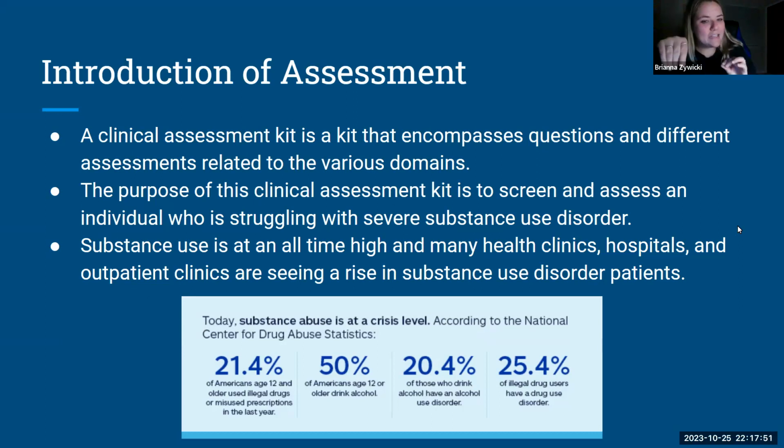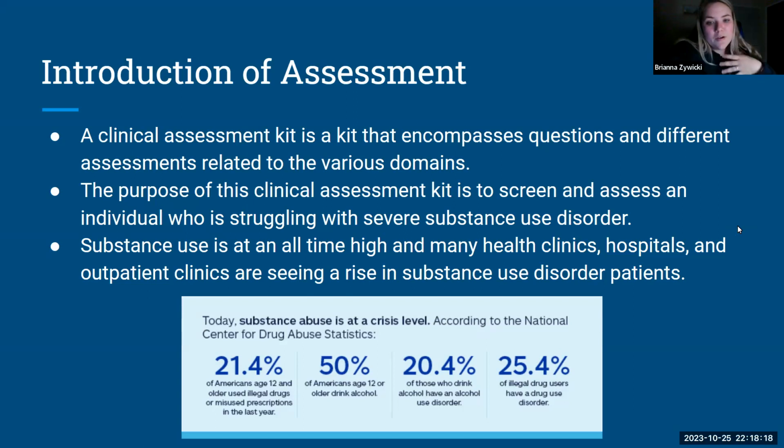I also wanted to add a few statistics about substance use and substance use disorder, because at the moment it's at a very large high in many health clinics, hospitals, outpatient clinics, schools, colleges, everything along those lines. The statistics at the bottom say 21.4% of Americans aged 12 and older have used illegal drugs or misused prescription drugs.